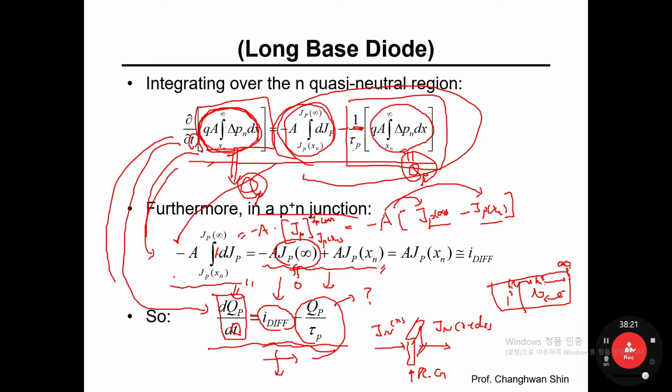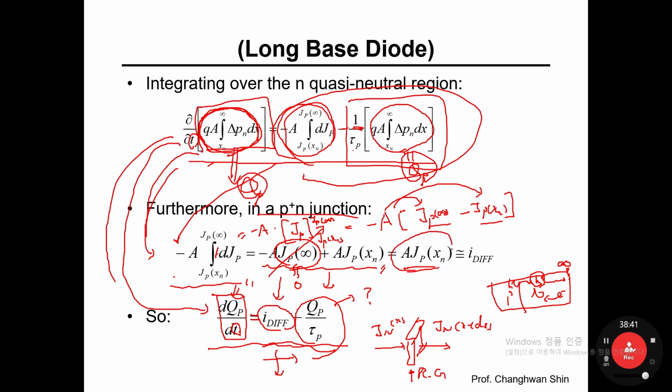Nothing. Therefore, the current component coming from the holes at x of infinity must be zero. Nothing is left at x of infinity. So you can ignore this term, and you end up with this.